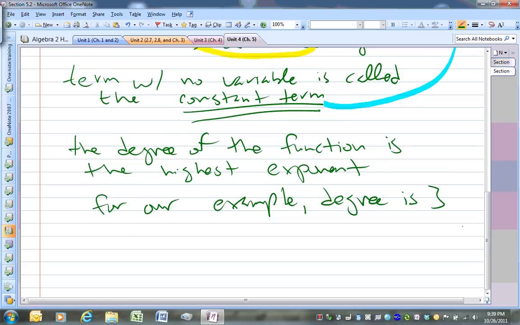And lastly, the leading coefficient. So I probably should make these like bullet points.